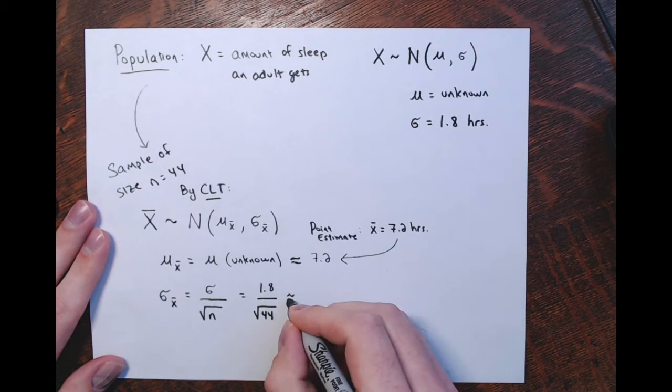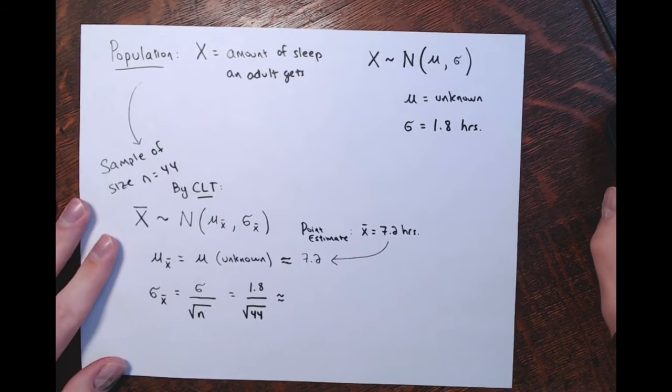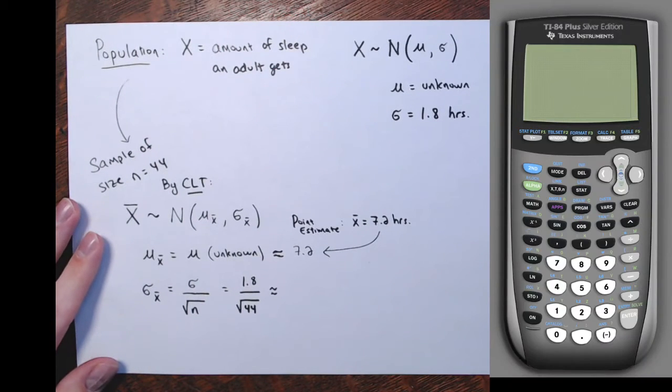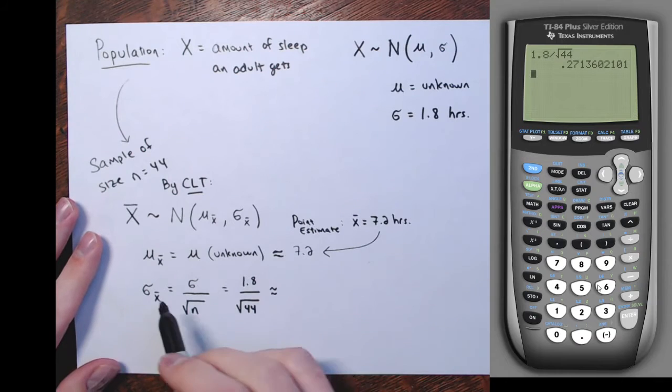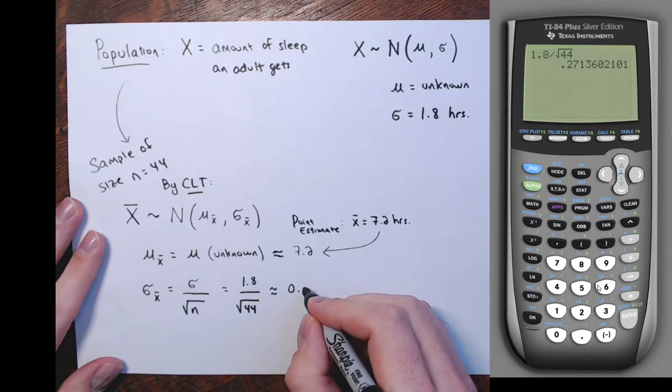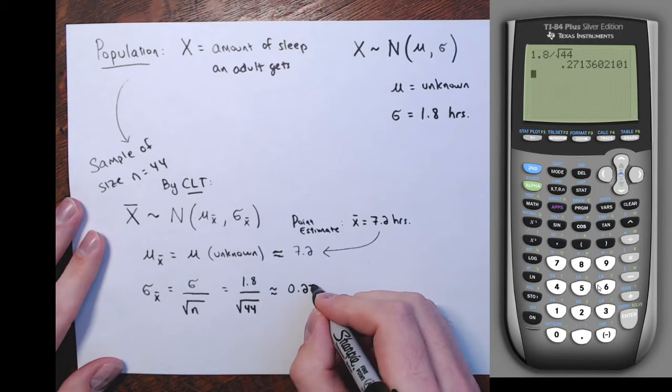Let's pull up the calculator here. We have 1.8 divided by the square root of 44. So our standard deviation for these sample means is approximately 0.27136.